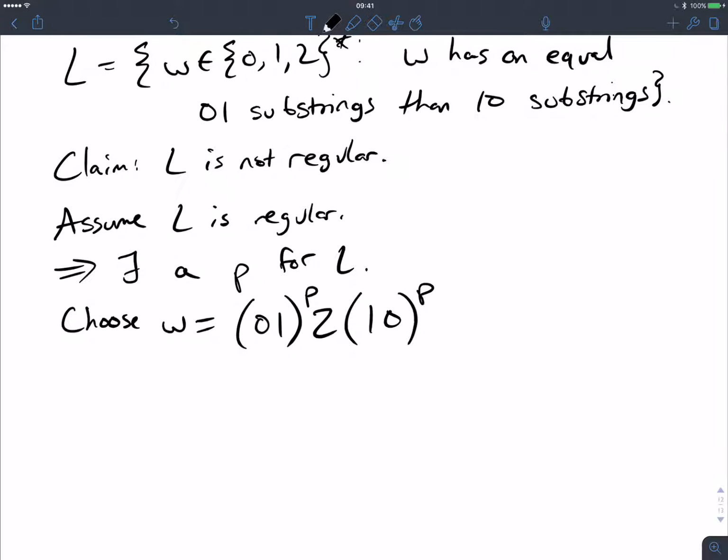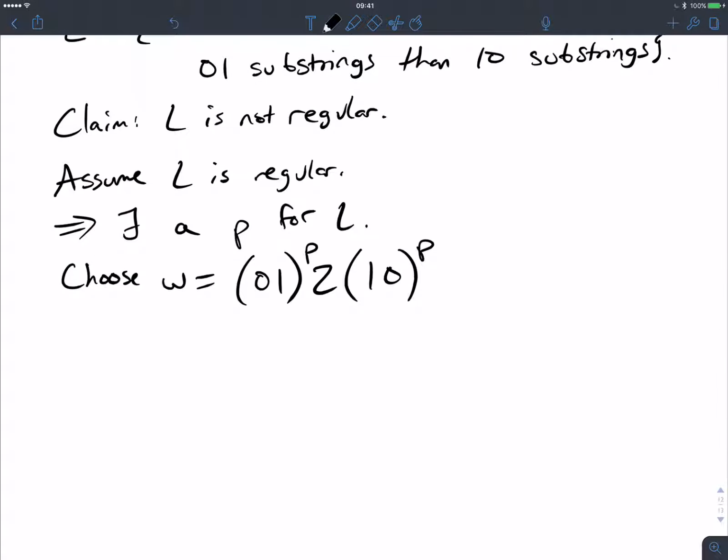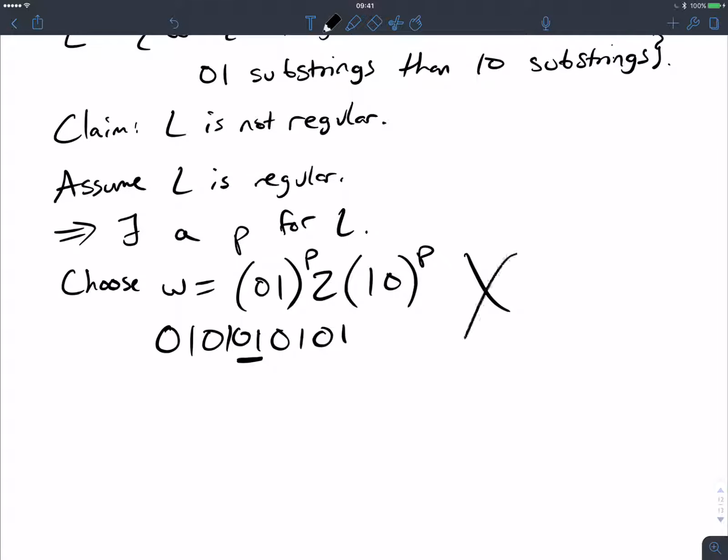No, this would not necessarily work, because if y happened to be exactly 2 characters and I removed or added it, I'd still have the same number of 10 substrings, because the first half of the string looks like this. If I remove 2 characters, I remove a 10 and a 01 substring, so it still has the same number. That's not going to work, so don't do that one.